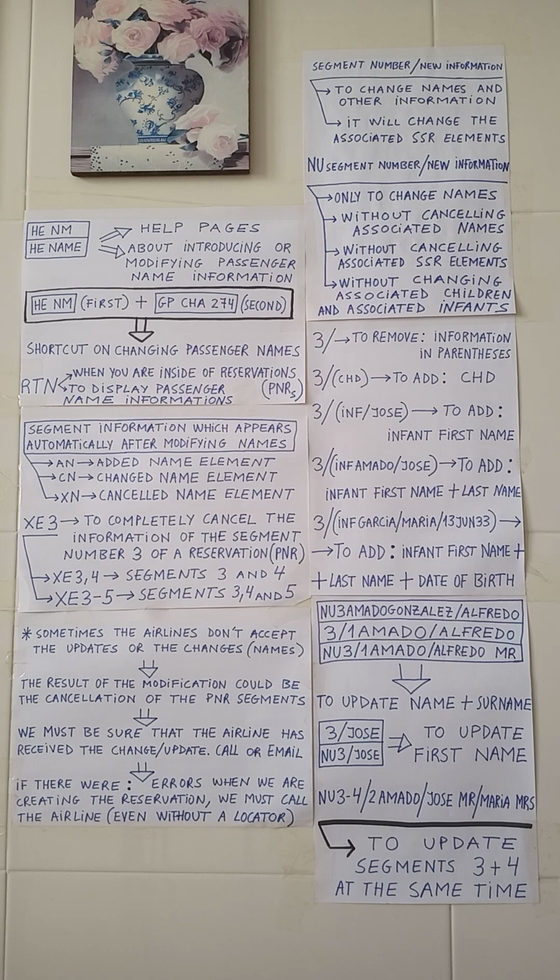Next, we can see a table with 2 transactions that have the same goal: to modify the first name of an adult passenger. This passenger is in segment number 3 of a reservation. This characteristic is common for both transactions.